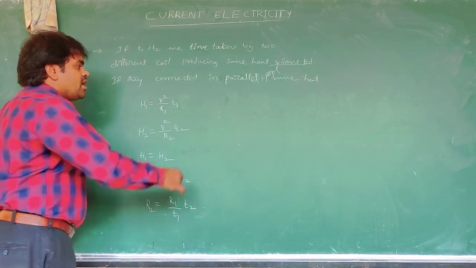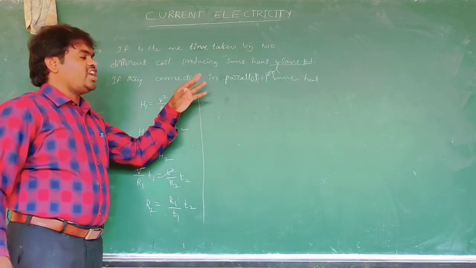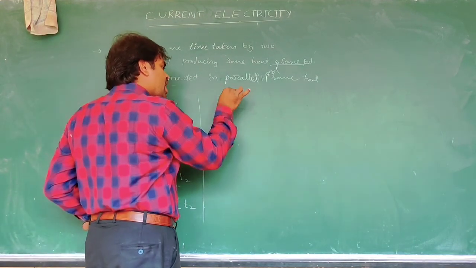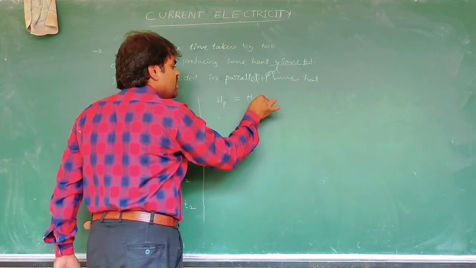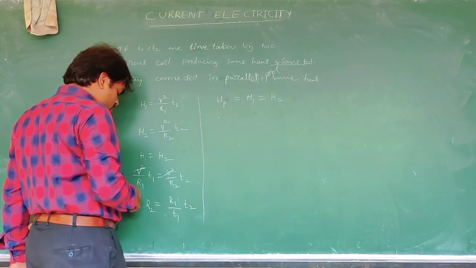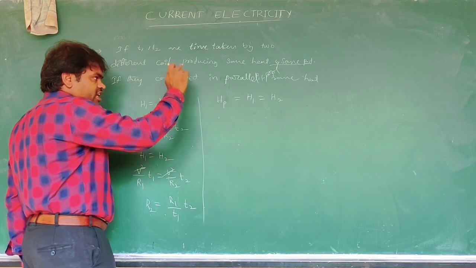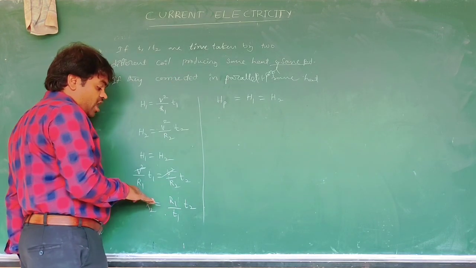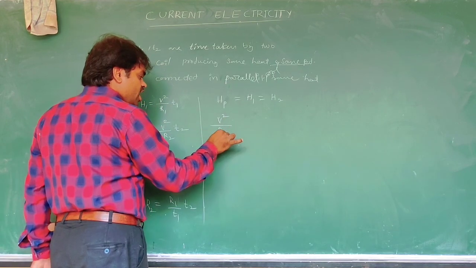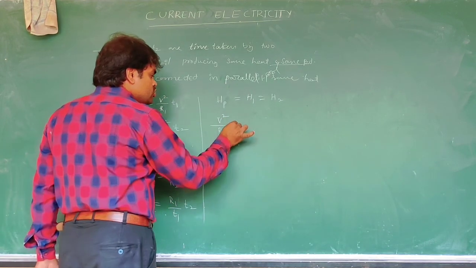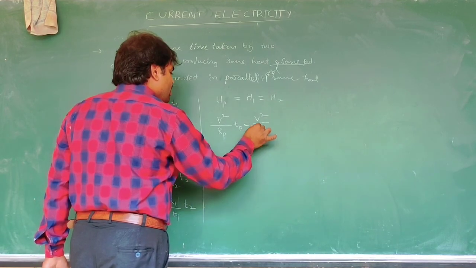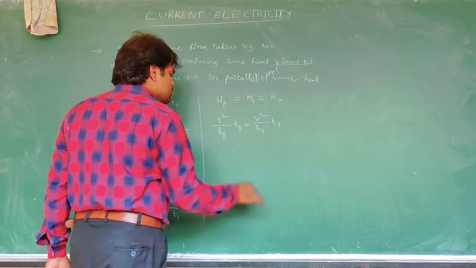Now the coils are connected in parallel. The heat produced in parallel is equal to the heat produced by the first coil and the second coil. Both are equal. What is the heat produced? Potential will be the same. That is V square by RP into TP is equal to V square by R1 into T1.